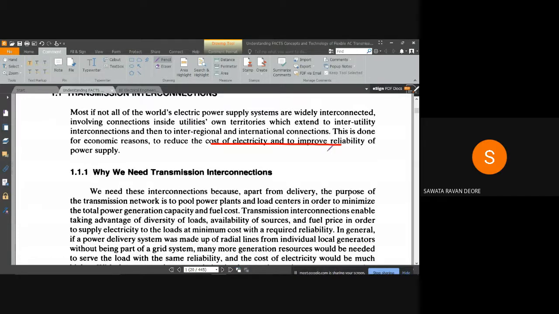So interconnecting such different forms of sources will make the system economically operational. For example, if there is a rainy season, all dams are full of water. In that period, obviously, we will use the hydropower plants as base load power plants.